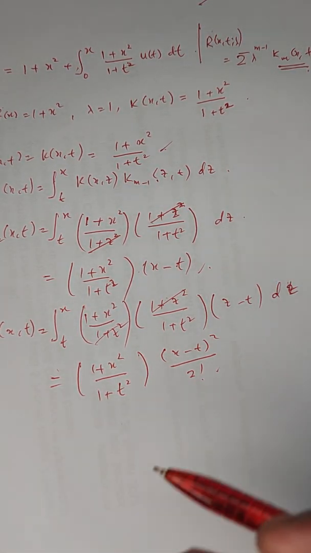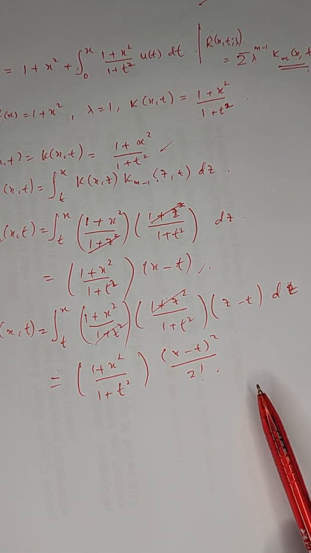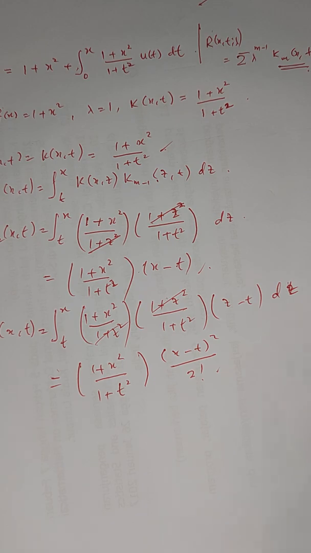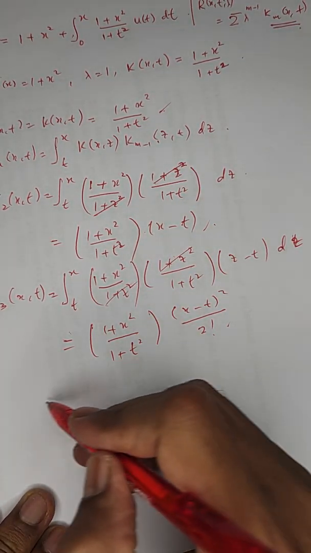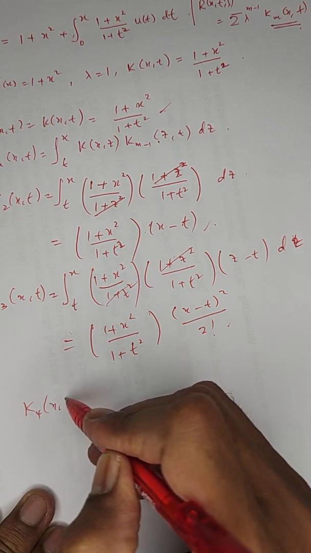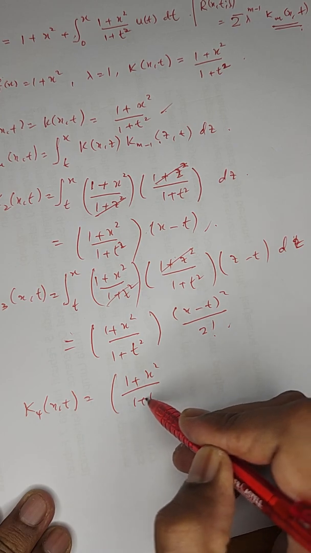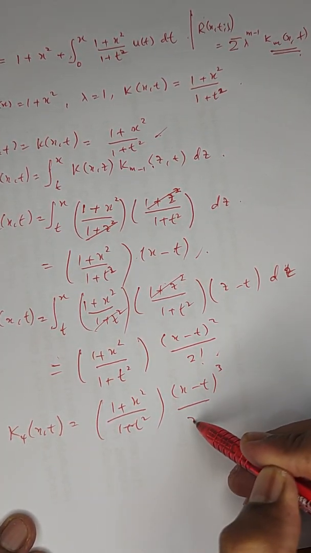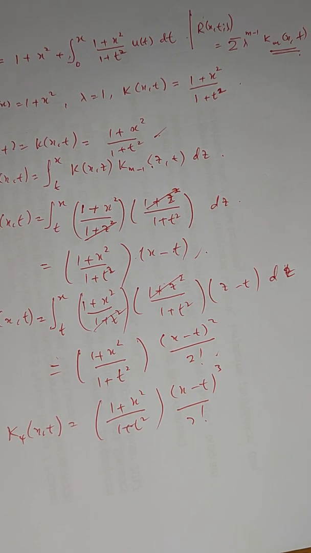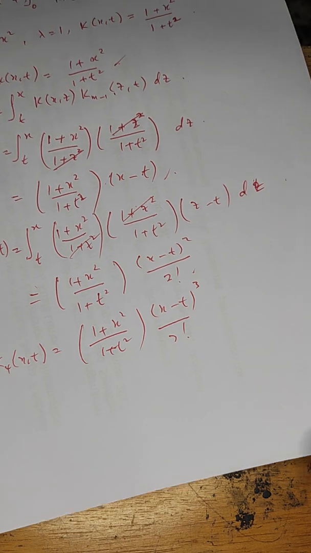Then basically we can have k4. For k4, this should be cubed. So if you find k4 just based on that, it should have (1 + x²)/(1 + t²) times (x − t)³/3 factorial.